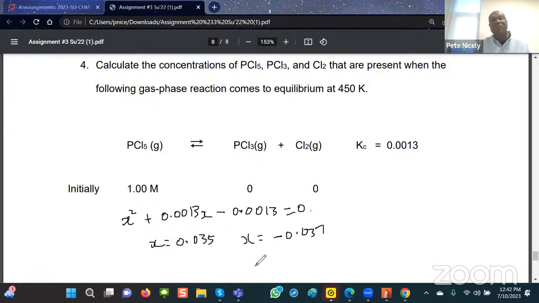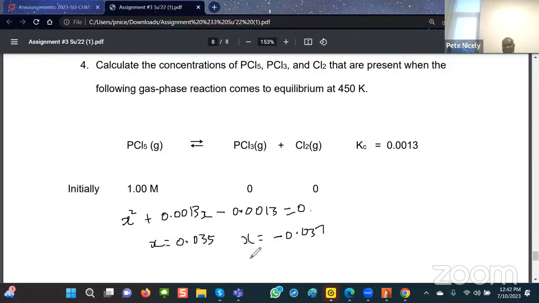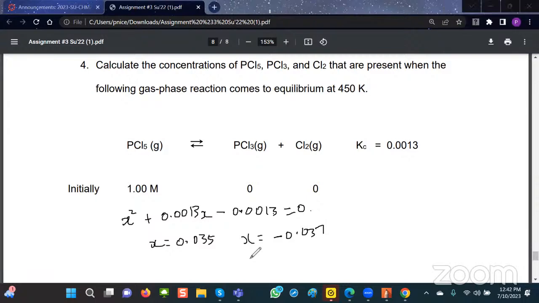Now, my question to you is, of these two, which would be the one that would be valid for this problem? Would it be the negative one, because it's less than 0? Well, exactly. Because remember, X represents concentration, right? You cannot have a negative concentration. Right. Oh, so it'd be the 0.035. Exactly. So the X value that we would work with would be 0.035.